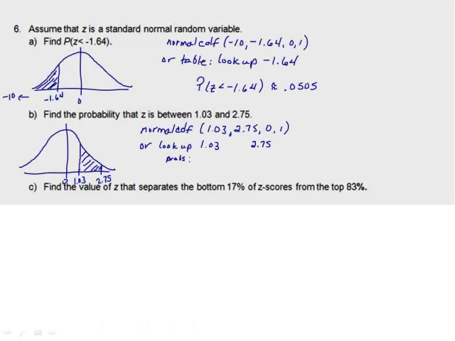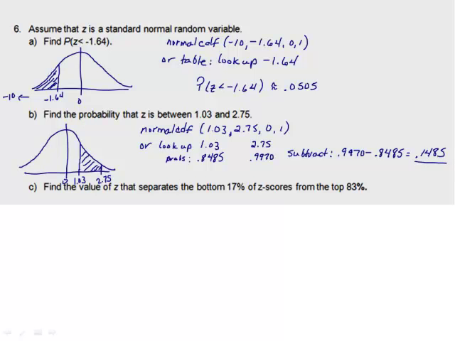So our probabilities are 0.8485 and 0.9970. If we subtract those two, we get 0.1485.